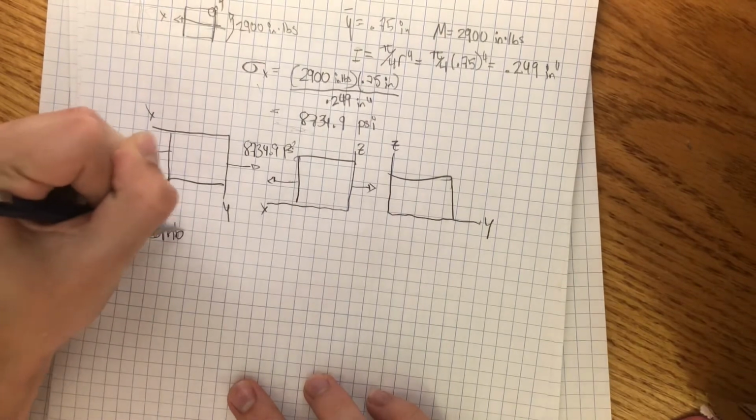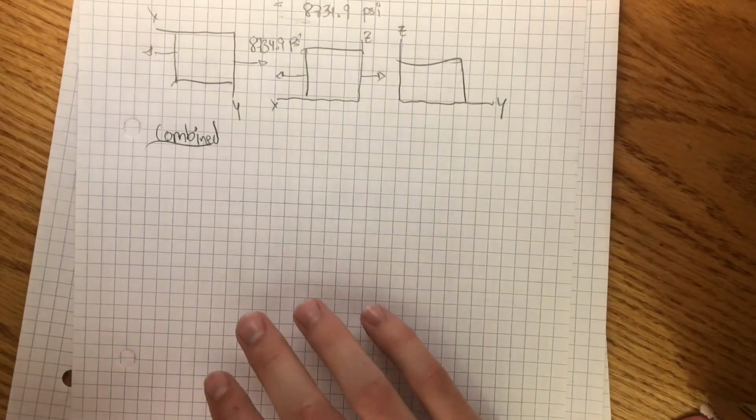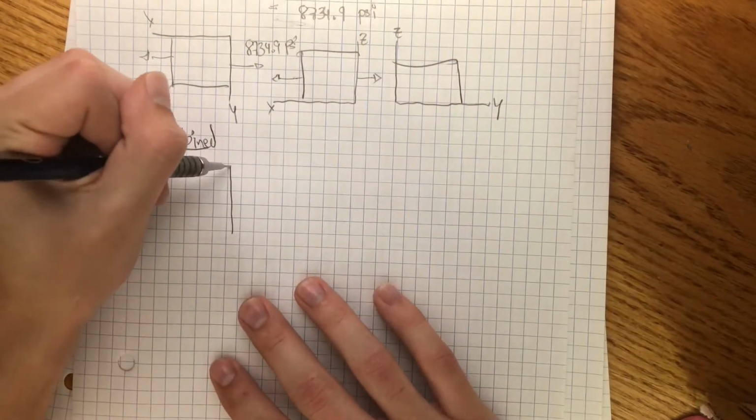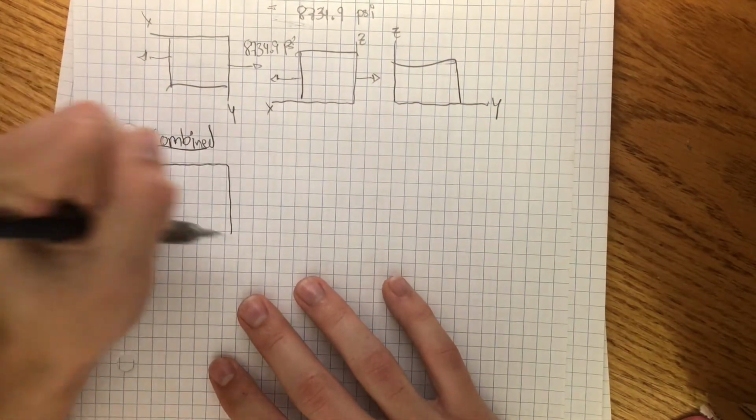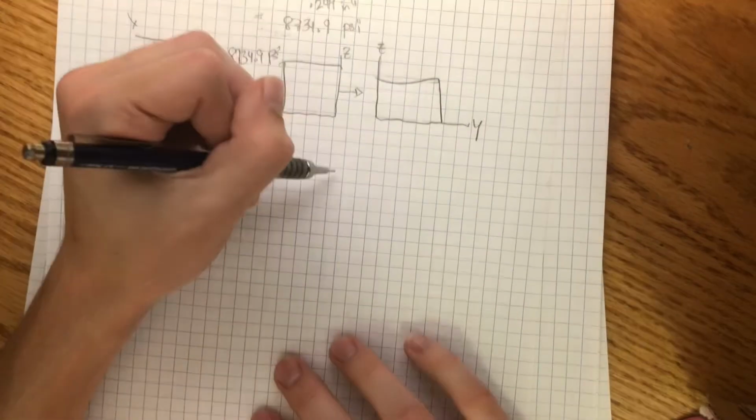we're going to do the combined part of the combined loading problem. We're actually going to draw another set of stress blocks here, but this time we are going to include everything.